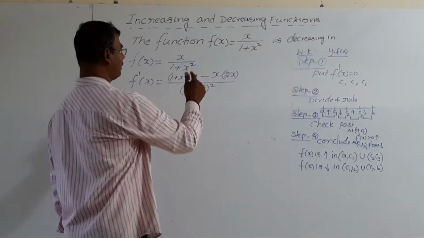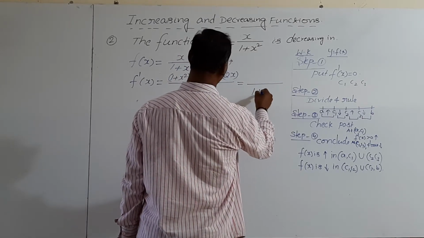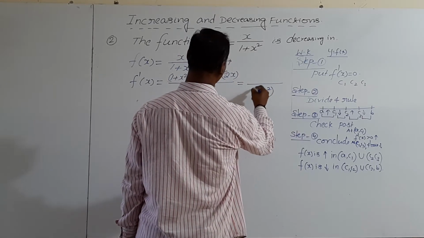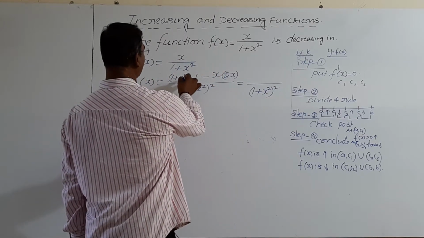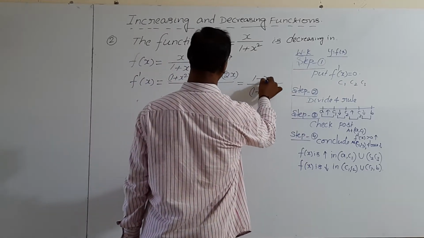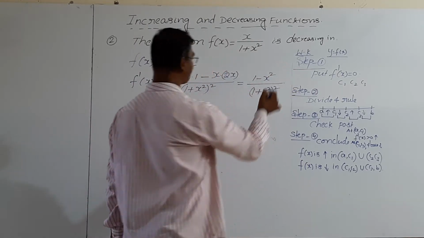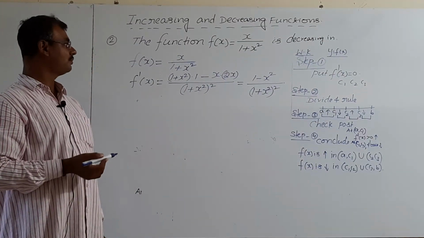Derivative of 1 plus x square is 2x. Now simplify: the denominator is 1 plus x square whole square, and in the numerator 1 plus x square minus 2x square gives 1 minus x square. This is the f dash of x.